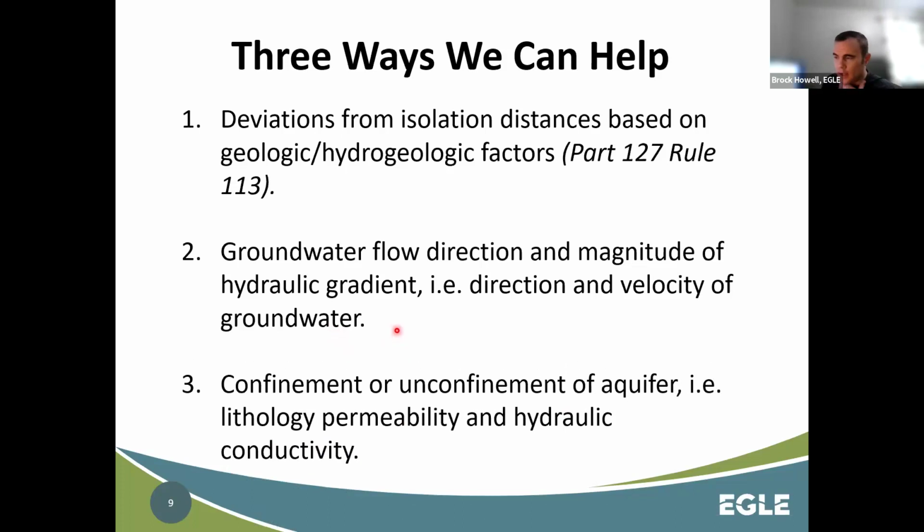And then lastly is the confinement or unconfinement. It's always controlled by lithology, the permeability and hydraulic conductivity. So again, the ability for fluids to move through the solid or unconsolidated material dictates whether you're going to be confined or unconfined.